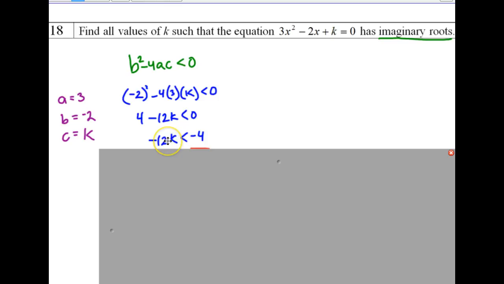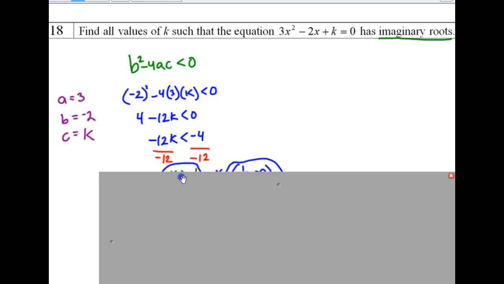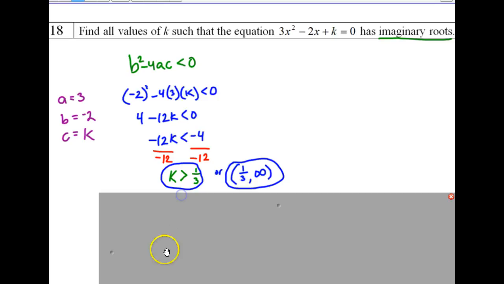We want to divide by -12 to solve for k, but we have to switch the sign here. Okay? Switch the sign to be a greater than when we divide or multiply an inequality by a negative. So you end up with k is greater than 1/3. Another way to write it would be in interval notation, parenthesis 1/3 to infinity, parenthesis.